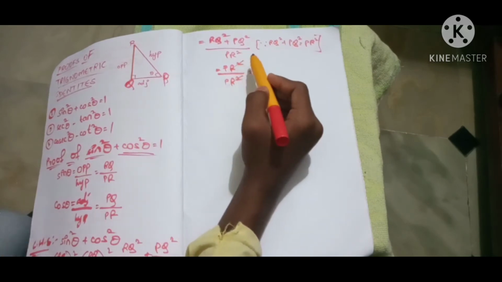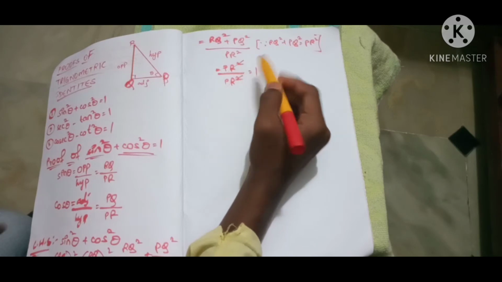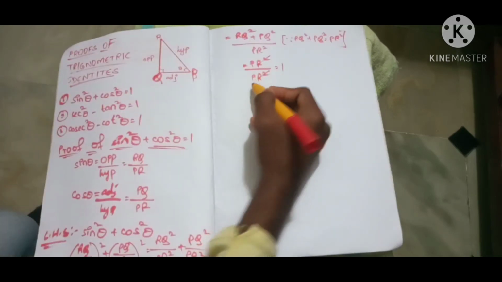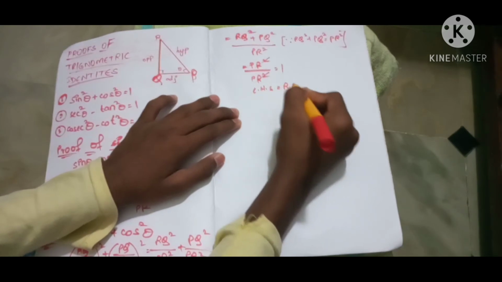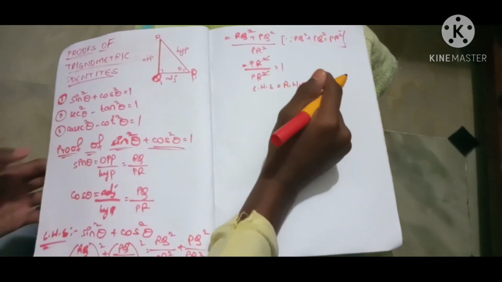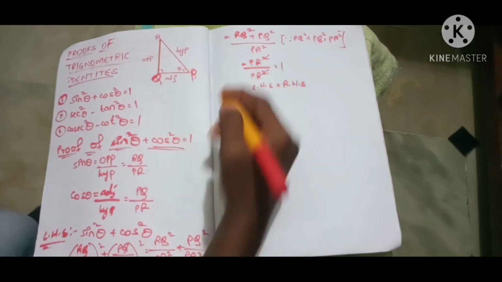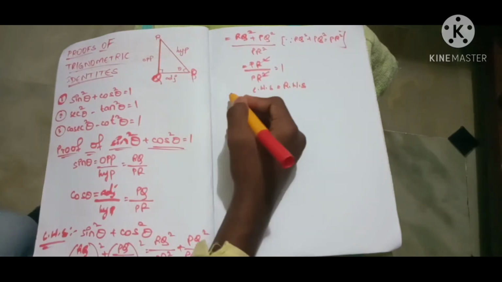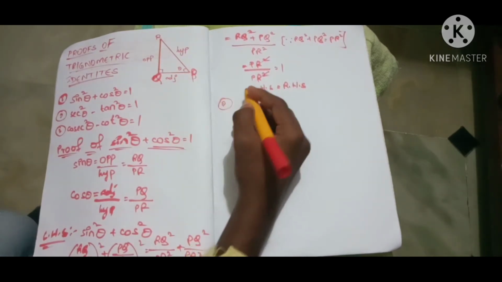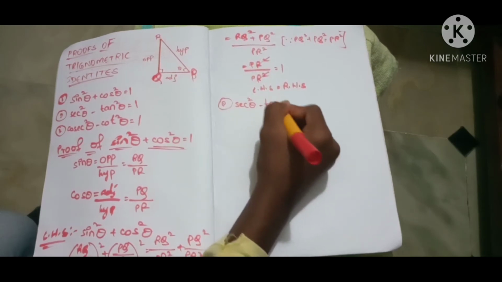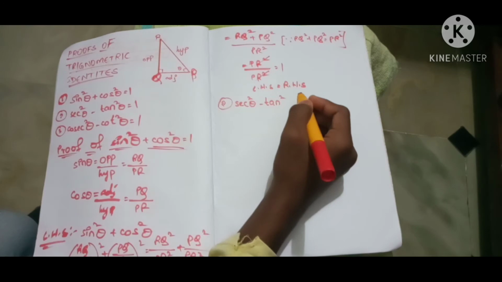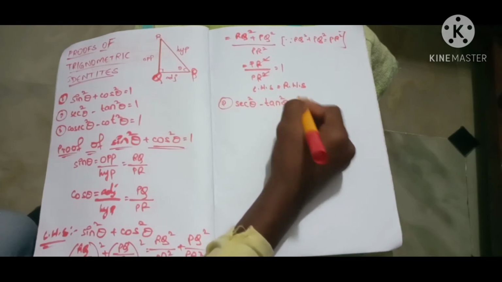And LHS is equal to RHS. This identity is now proved. Then we go to the second identity. What is the second identity? Sec square theta minus tan square theta is equal to 1.